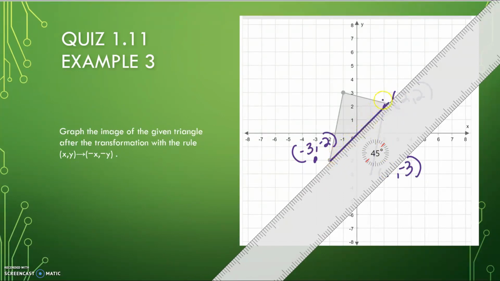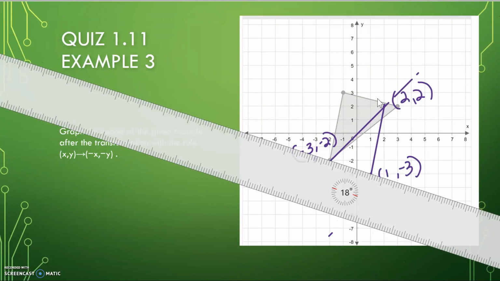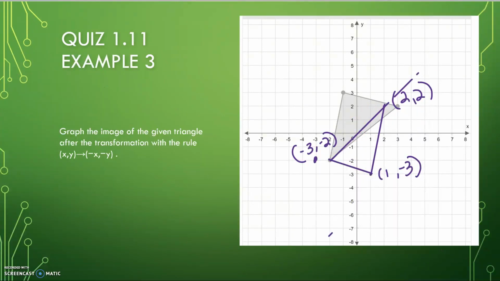You don't need to worry about the ruler. Oops, I didn't mean to draw there. It's okay. And that's where our new triangle will be.